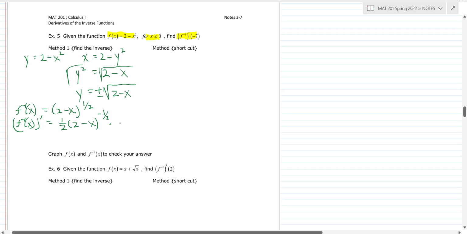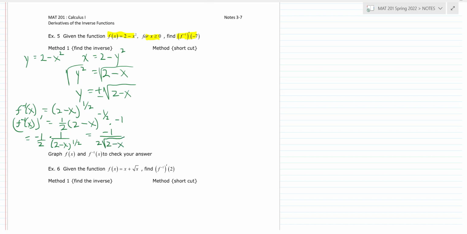The derivative of 2 minus x is -1. So I end up getting -1/2 times, and then I'll bring this down to the bottom, 1 over 2 minus x to the 1/2. So the best way to write the derivative would be -1 over 2 times the square root of 2 minus x.